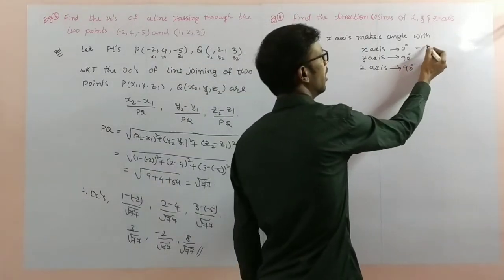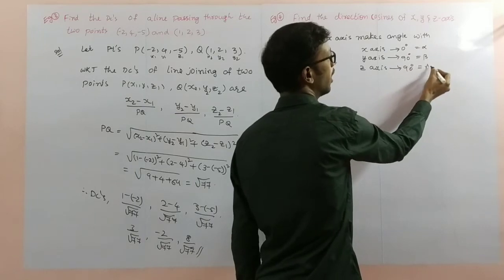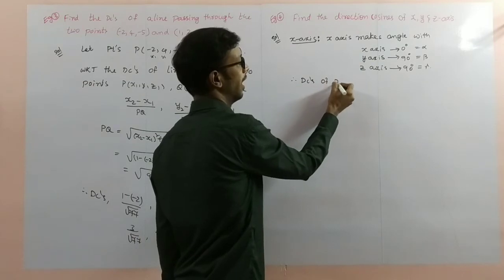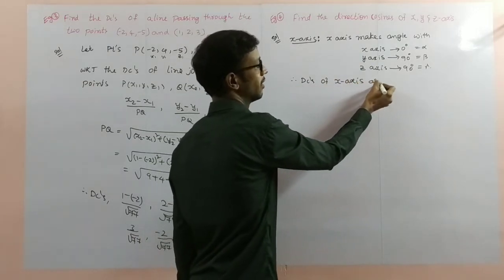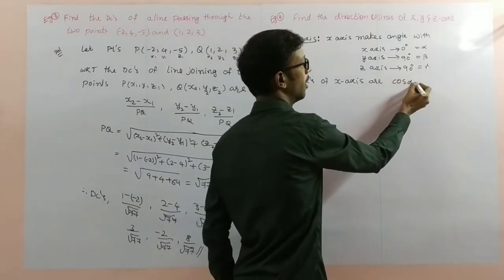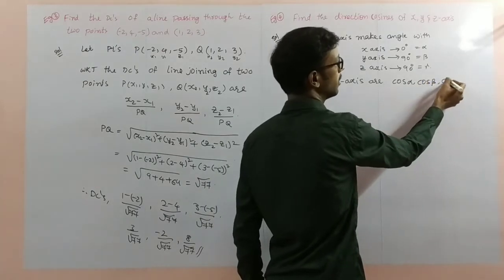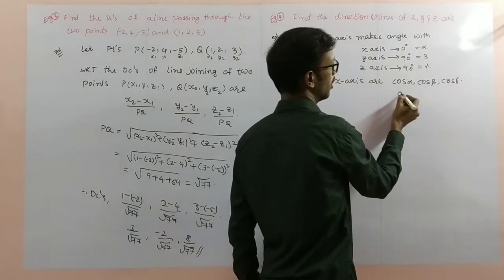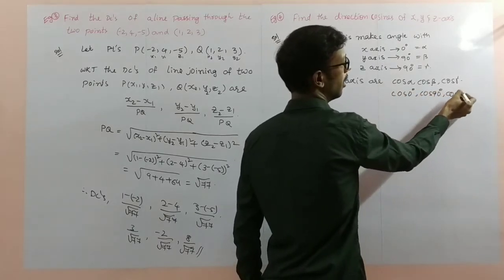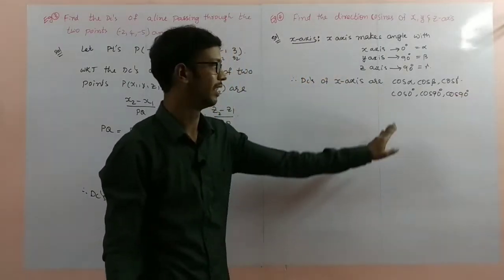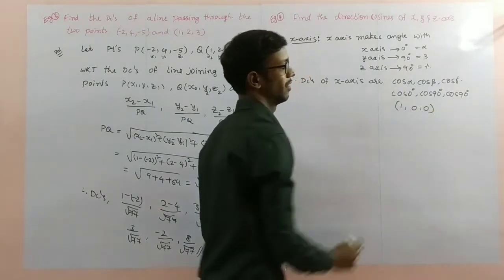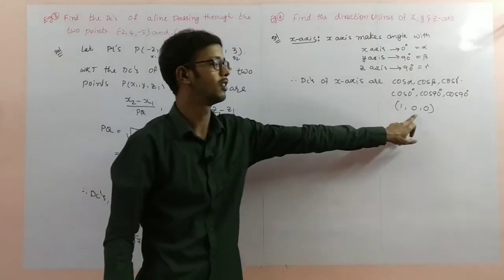That is nothing but alpha, beta and gamma. Therefore, direction cosines of the x-axis are cos alpha, cos beta, cos gamma. Cos 0 degrees, cos 90 degrees, cos 90 degrees. Cos 0 is 1, cos 90 is 0. X-axis direction cosines are 1, 0, 0.